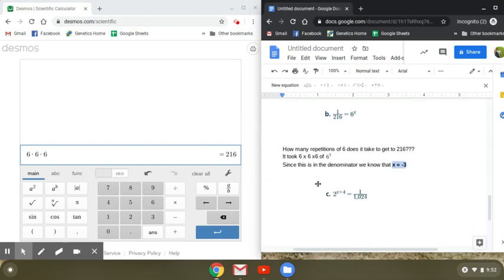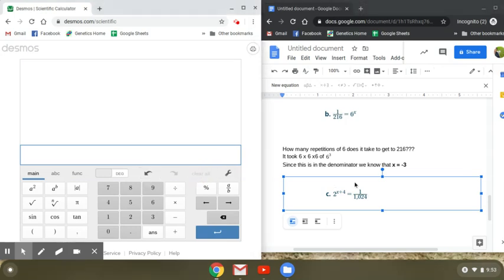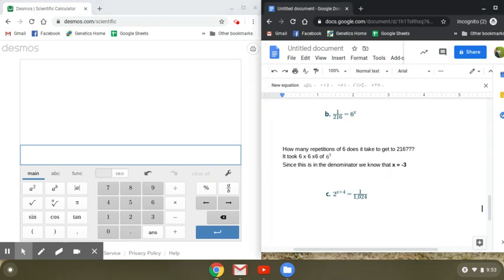What if we're given an actual problem, right? Wow, this is an algebra problem here. So how are we going to do that? Well, we're going to break it down again. We're going to figure out how many repetitions of 2 it takes to get to 1024.